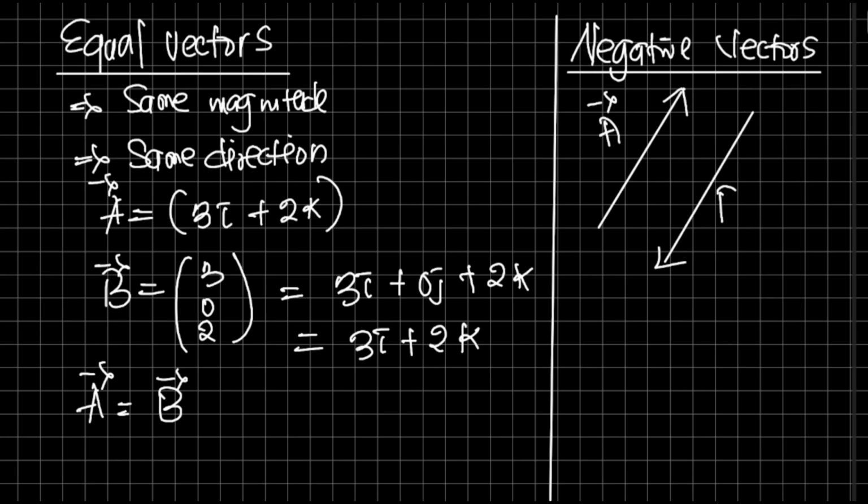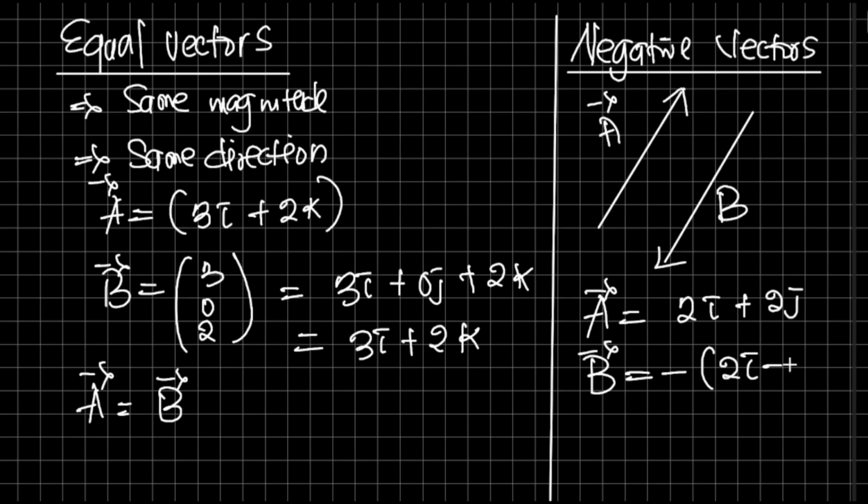If A is equal to 2i plus 2j, B will be equal to minus 2i minus 2j, and that is exactly equal to minus A.